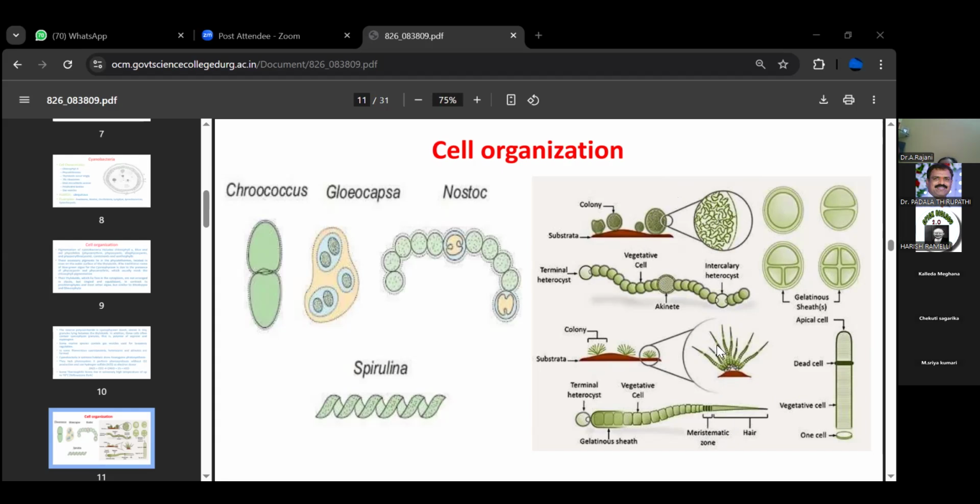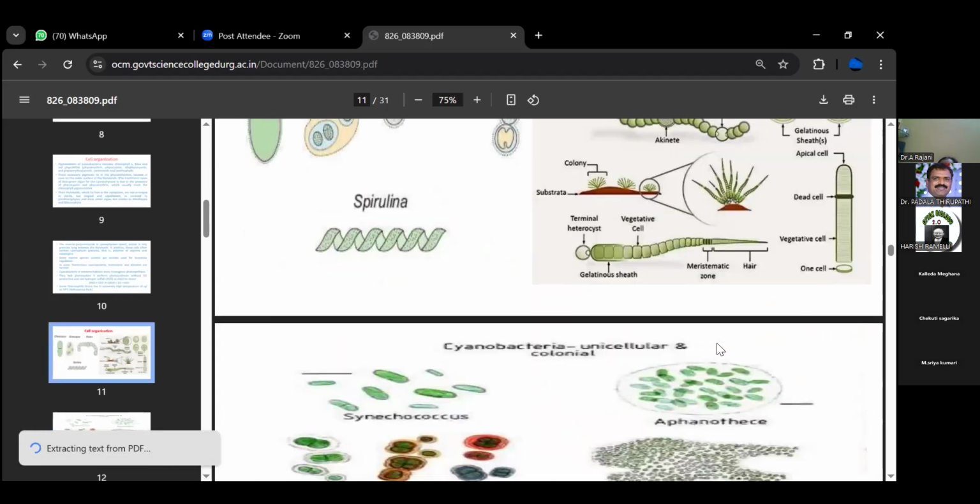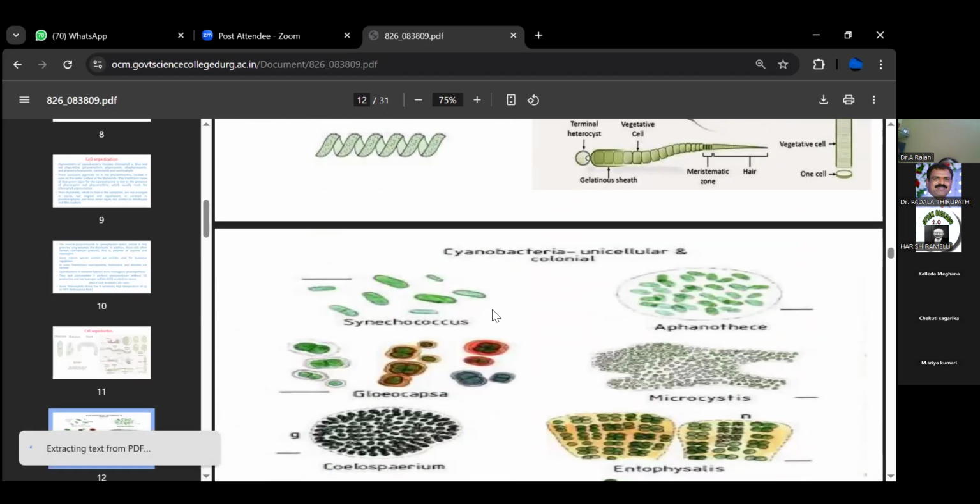Coming to the next one, another cyanobacteria, Synechococcus and Gloeocapsa, Chlorogloea, Entophysalis, Microcystis. See, this Microcystis is very dangerous. It grows underwater.